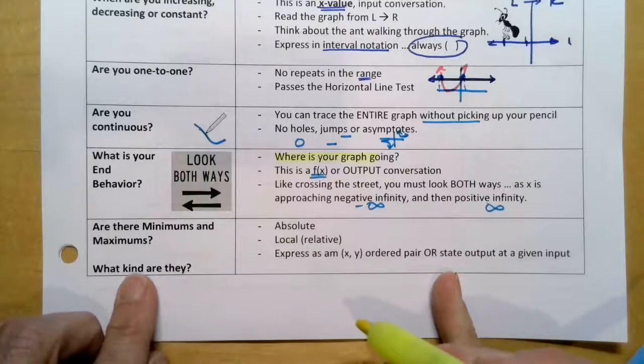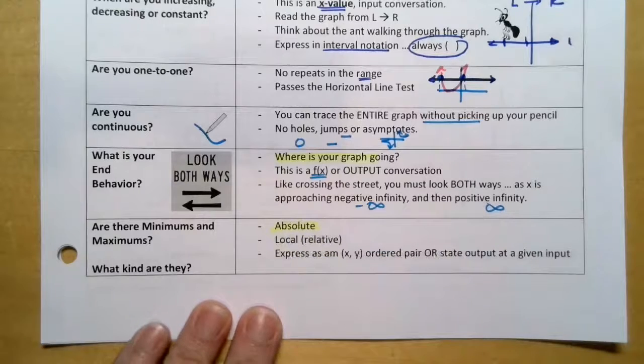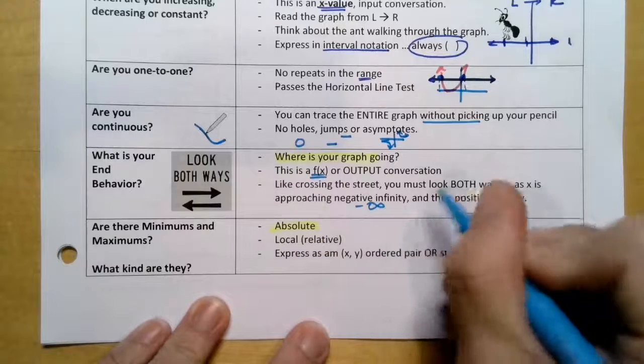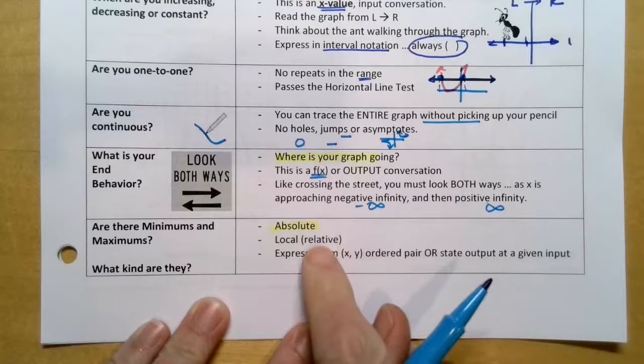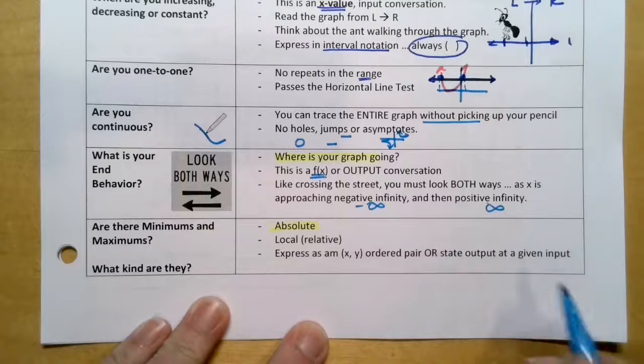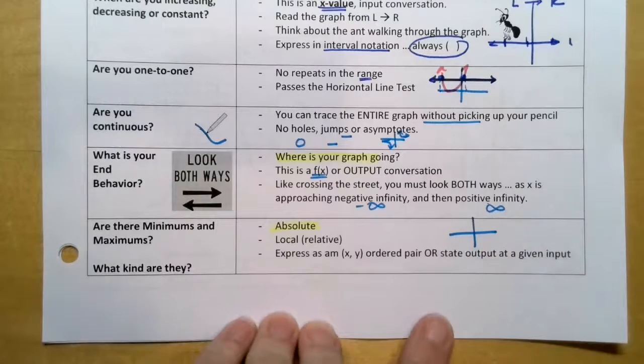Are there minimums and maximums, and what kind are they? So an absolute minimum or maximum is going to be, for example, where the graph stops and starts. A local or relative maximum or minimum is if maybe you have a graph with lots of hills and valleys.